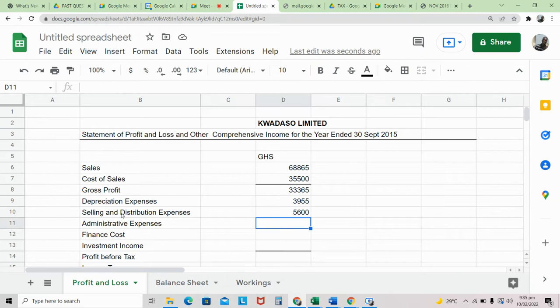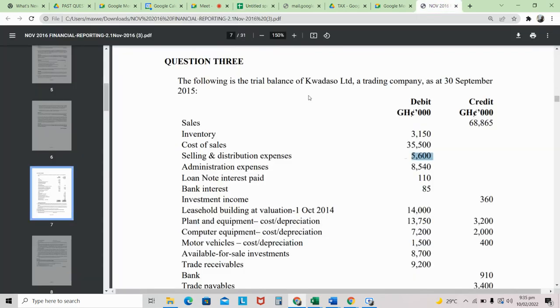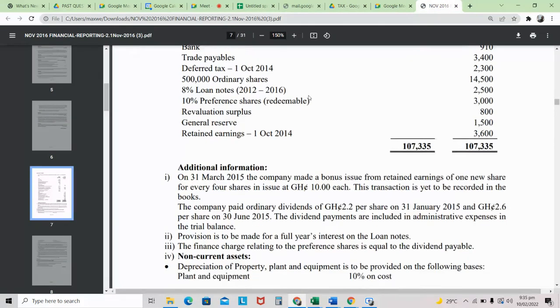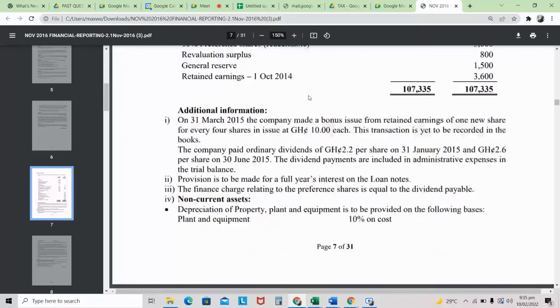So we have our administrative expenses. Now, this administrative expenses, there's some little work for us to do. That's the problem here.